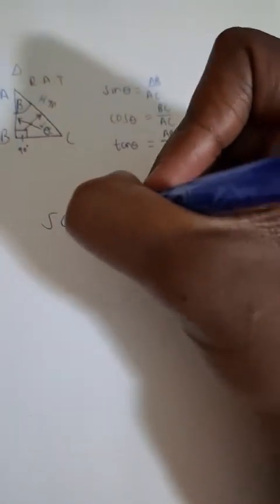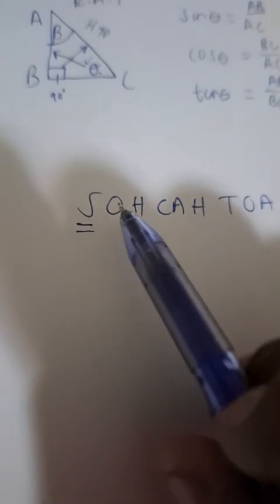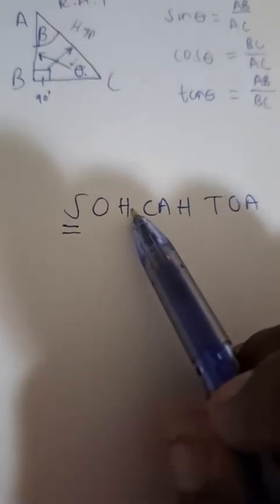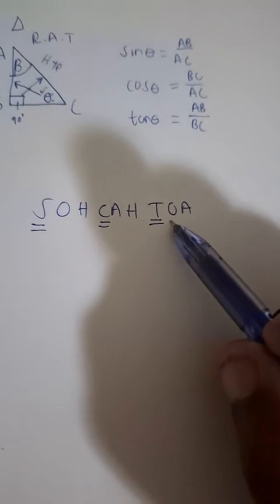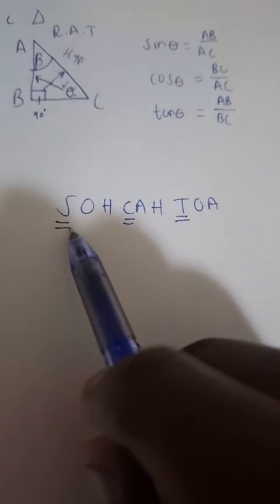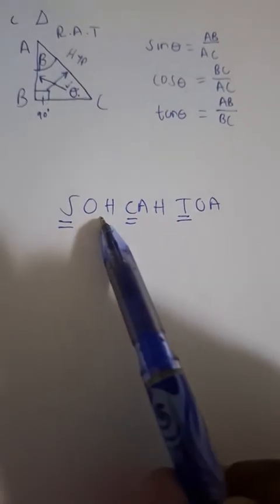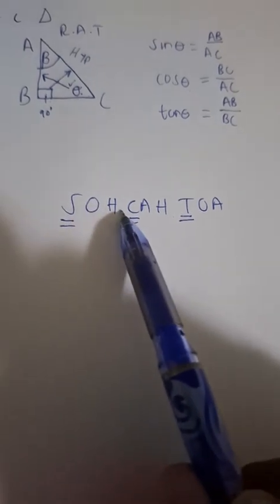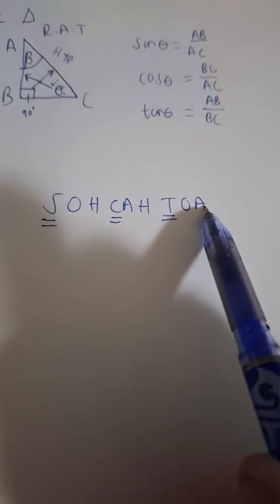If you remember very clearly, in grade 10 you must have all been exposed to this: sine is opposite over hypotenuse, cos is adjacent over hypotenuse, and tan is opposite over adjacent.